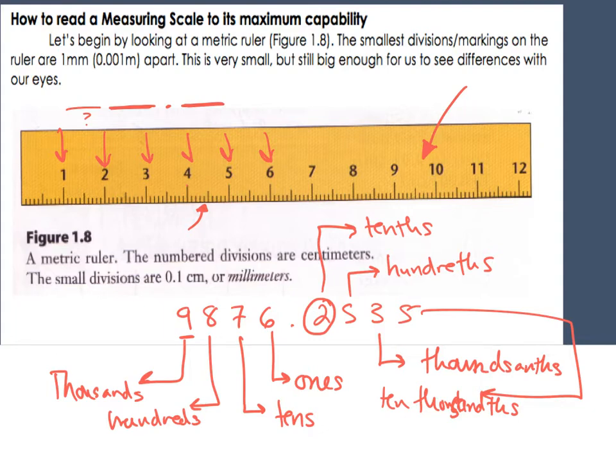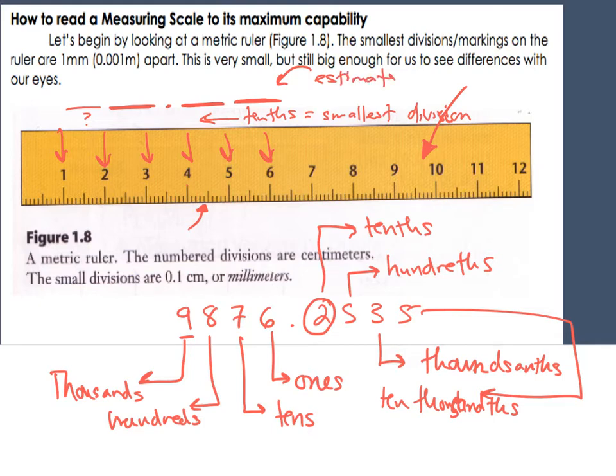Now, our basic rule to measure something to the maximum capability of the tool is to go to the smallest divisions. In this case, the tenths are the smallest division. And then what it tells us to do is estimate one more digit. So if I'm making a measurement with this ruler, I'm going to measure all the way out to the hundredths spot. This is going to be our estimate.